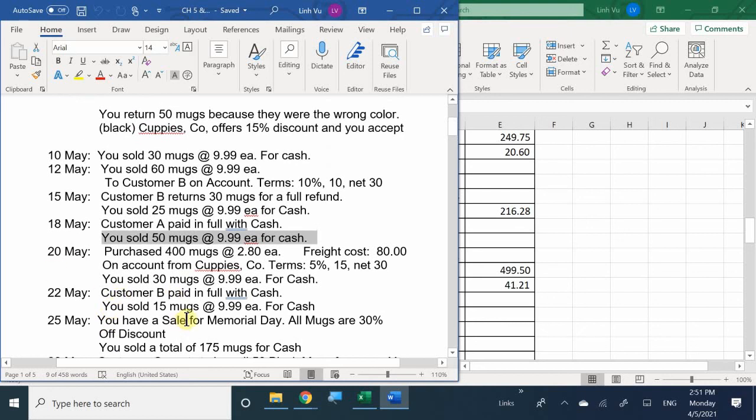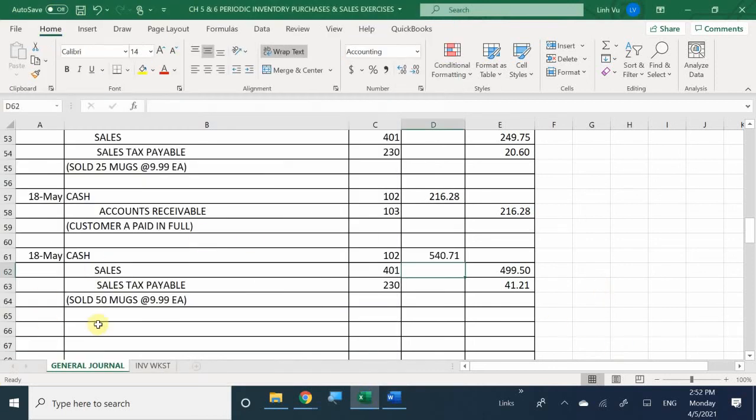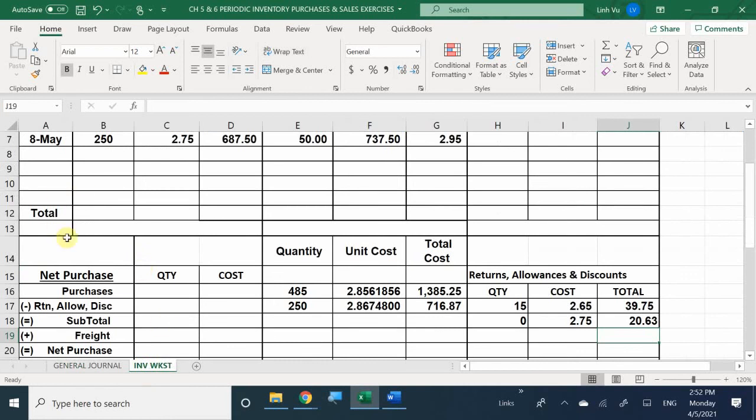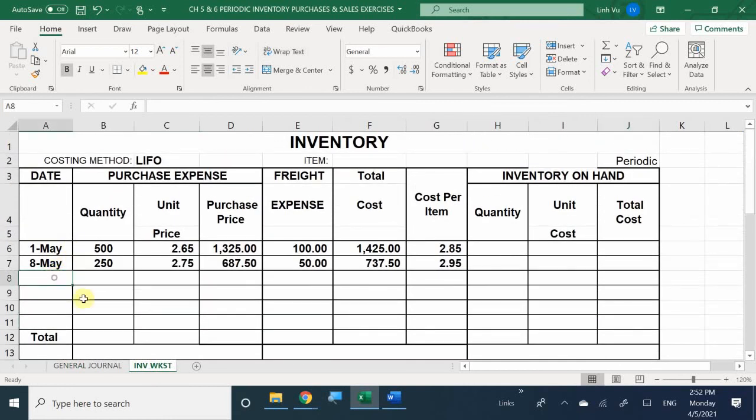Okay. So, May 20th. What has happened here? You purchased 400 mugs at 280 each, freight cost 80. So we go into my inventory worksheet here. It is May 20th.